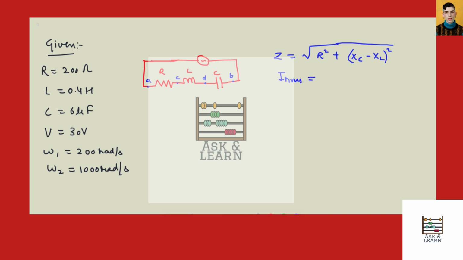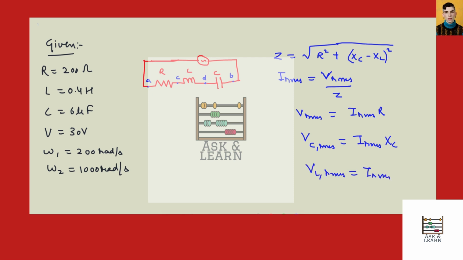IRMS equals VRMS over Z. VRMS equals IRMS R. VCRMS, the voltage across capacitance, equals IRMS XC, and VLRMS equals IRMS XL. So this is our R, and this is VC and VL.